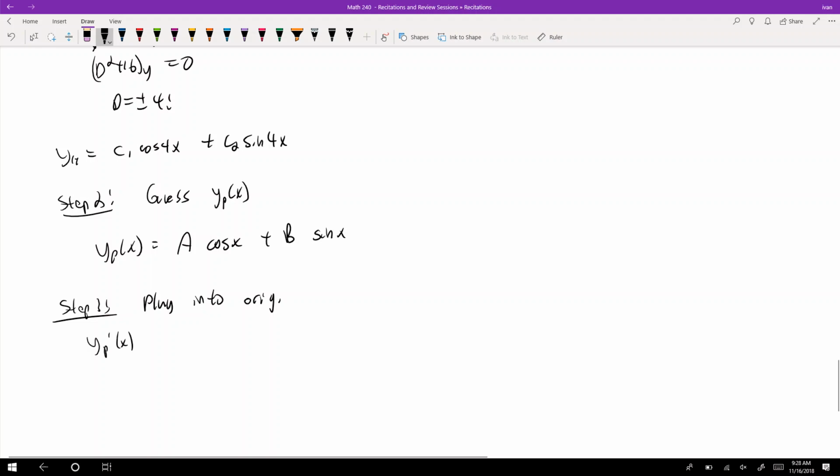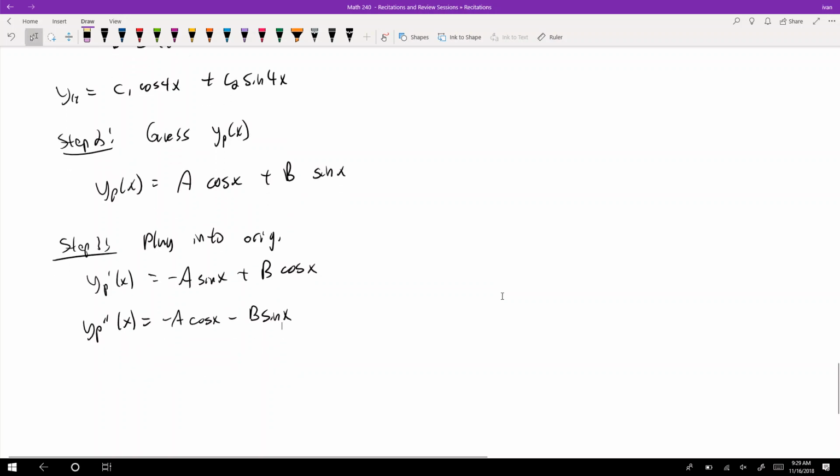Since yp is up there anyways, I'm just going to take derivatives now. So yp prime is negative a sine x plus b cosine x. And then yp double prime is equal to negative a cosine x minus b sine x. Okay, here's my original equation. Y double prime plus 16y is equal to 4 cosine x.